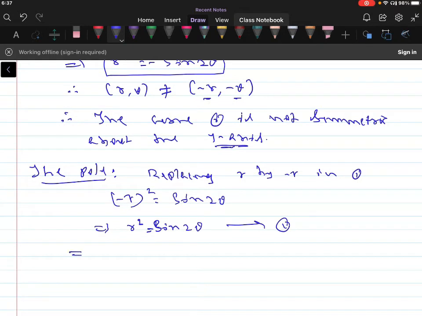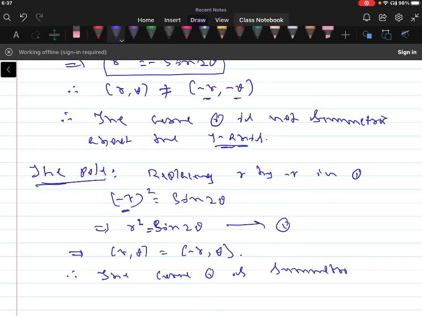So this implies r comma theta is equal to minus r comma theta. It means when you replace r by minus r in the given equation, there is no change in the equation, therefore the curve is symmetric about the pole. So therefore the curve 1 is symmetric about the pole.